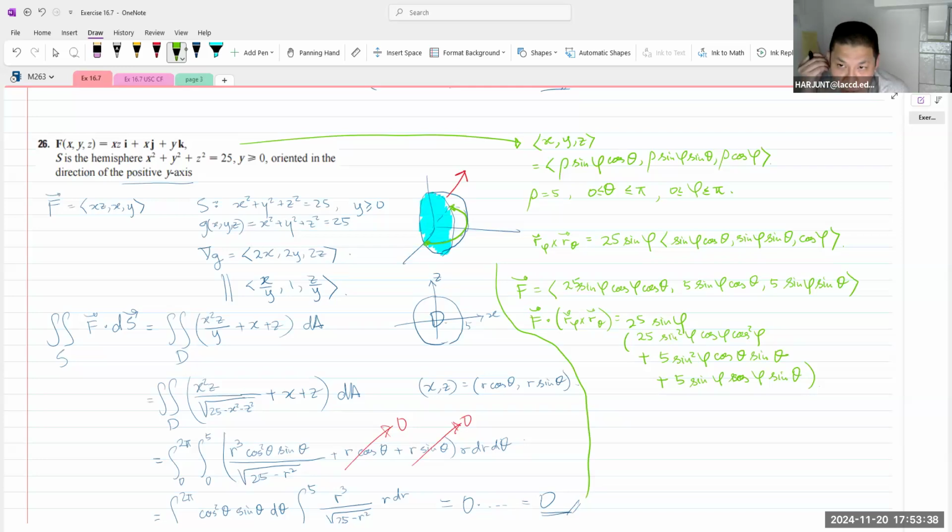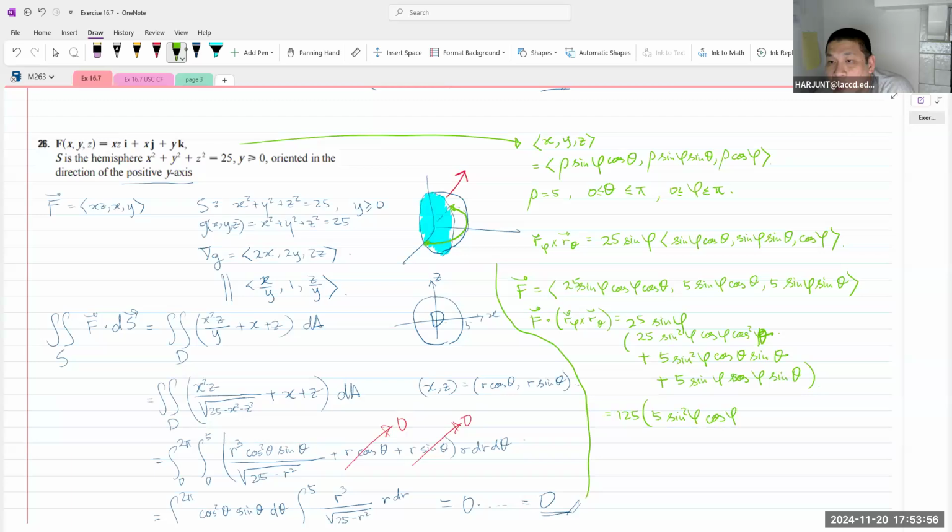I don't want to do this. We can factor the 5 out, so 125 and then 5 sine squared phi. I'm sorry, this should be theta, I believe. This should be theta here.